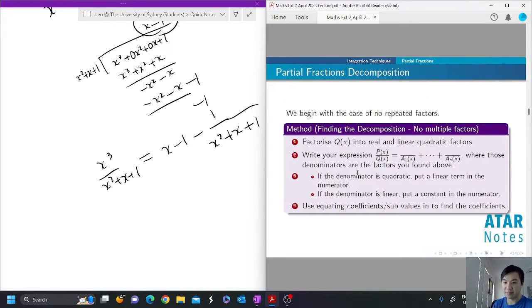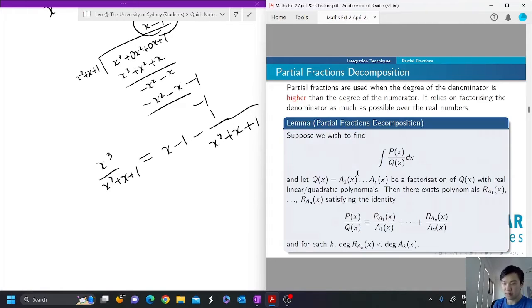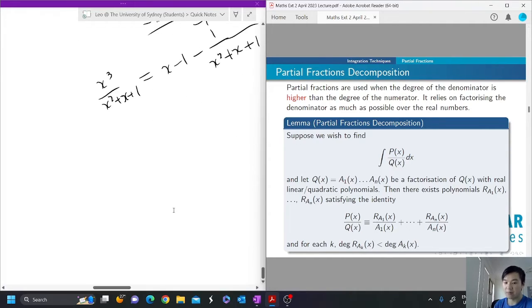So basically, if you wish to find the integral of a polynomial p of x over q of x, where q of x can be factorized into linear polynomials or quadratic polynomials, then there exist sub-polynomials which satisfy this identity.